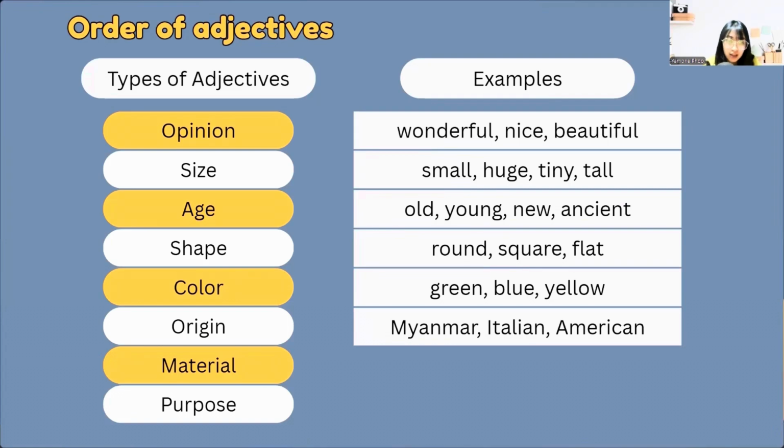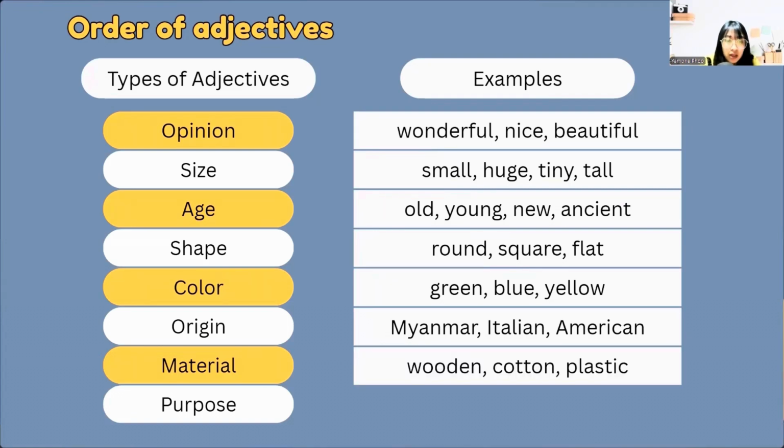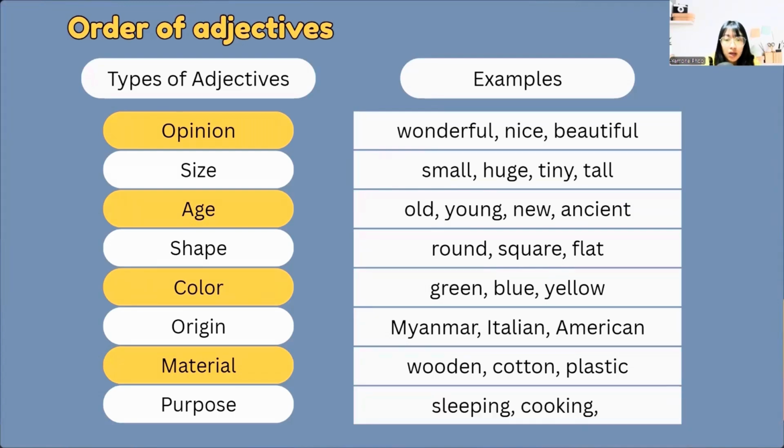And material means what it's made of. For example, a wooden table, a cotton t-shirt, or a plastic auto. The last one is purpose. Purpose is like sleeping, cooking. For example, a sleeping bag or a cooking pot.